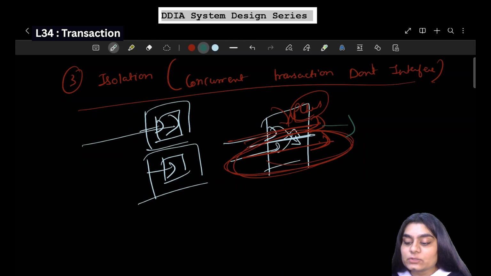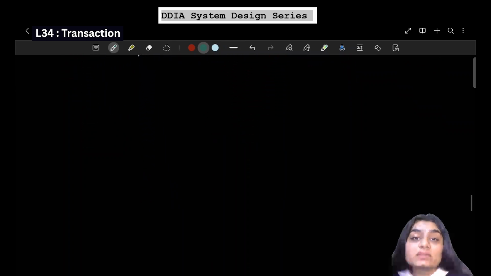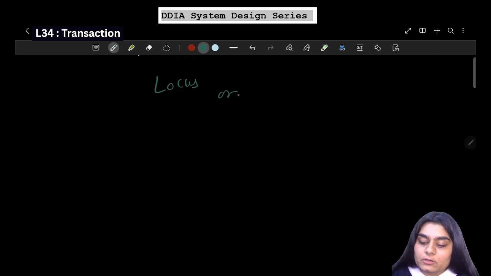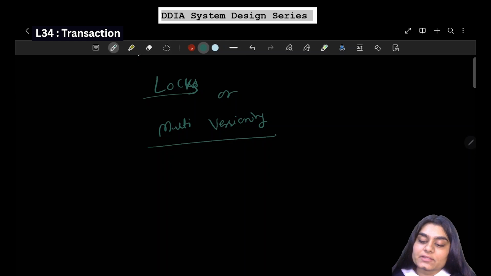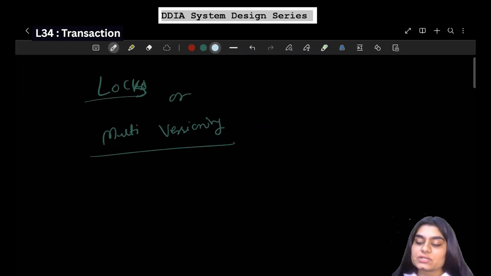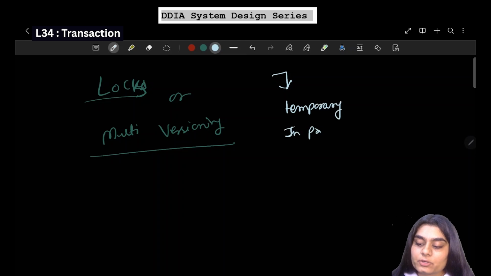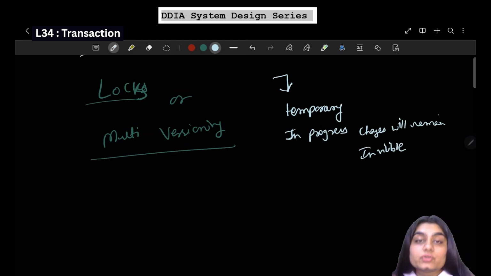In practice, isolation is achieved via various concurrency control mechanisms such as locks or multi-versioning that coordinate concurrent transactions. In plain language, isolation means temporary, in-progress changes will remain invisible to other transactions until they are committed.